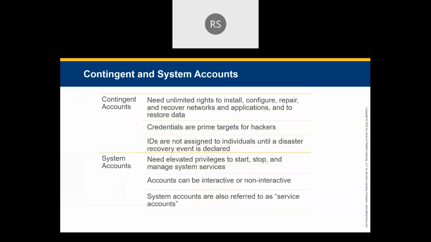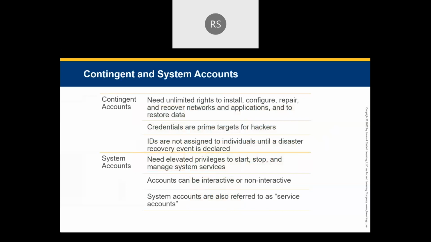So now we're going to look at contingent and system accounts. Contingent accounts are typically associated with disaster recovery scenarios and are used during emergency situations. They may need the unlimited rights to install, configure, repair, recover network applications, and restore the data.